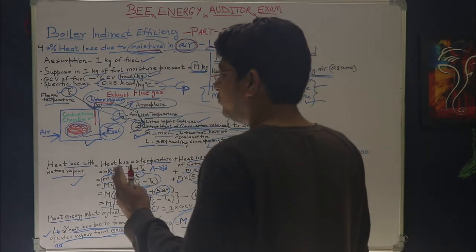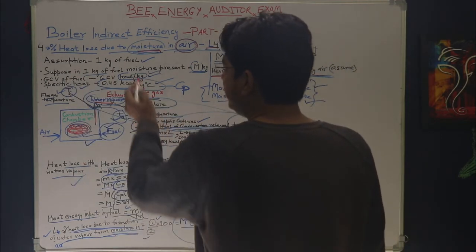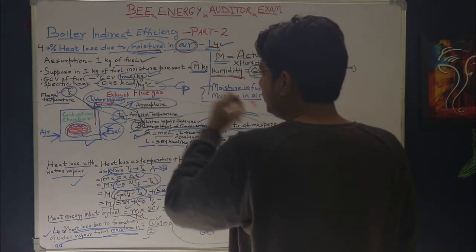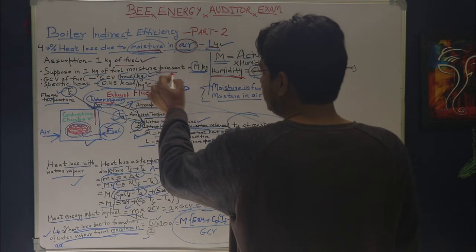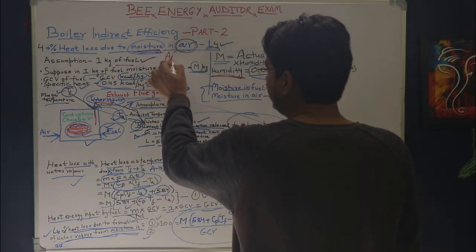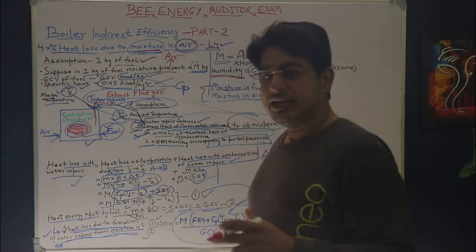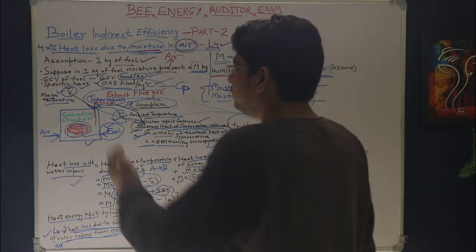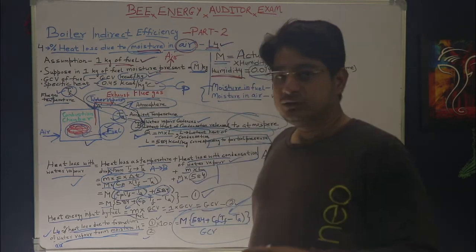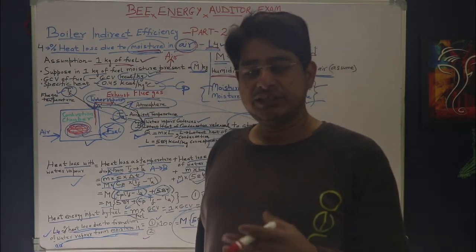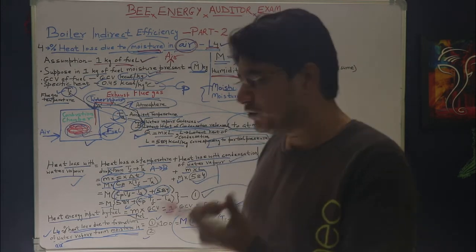So again the assumption would be the same, that I am assuming 1 kg of fuel. Suppose in 1 kg of fuel, moisture present. Which moisture? Moisture present in air. First I need to calculate how much air I need to supply for 1 kg of fuel. Then only I can calculate the amount of moisture which is present in that quantity of air.